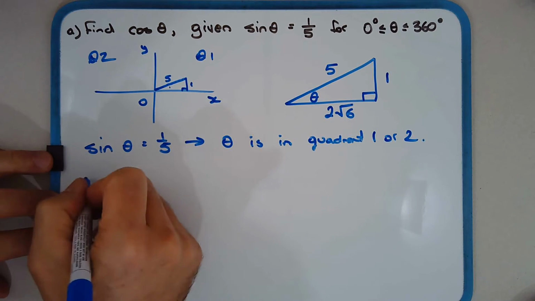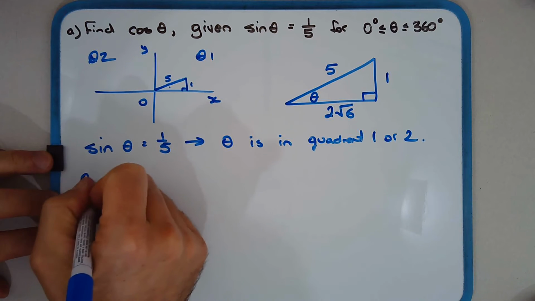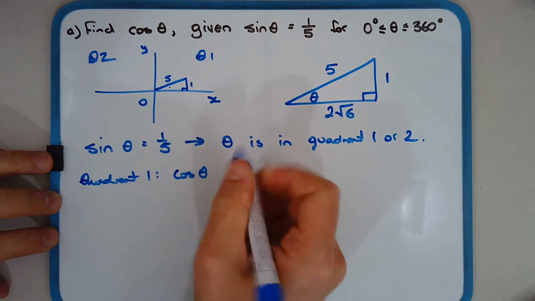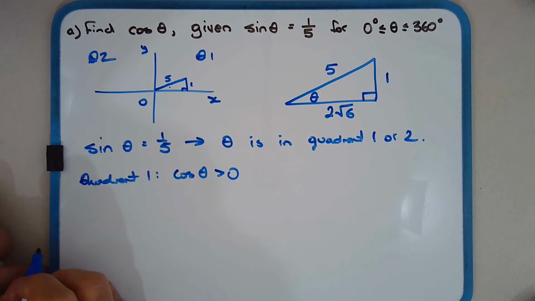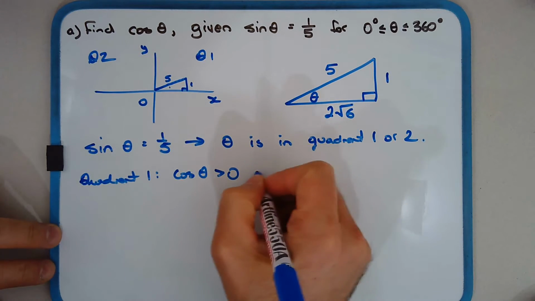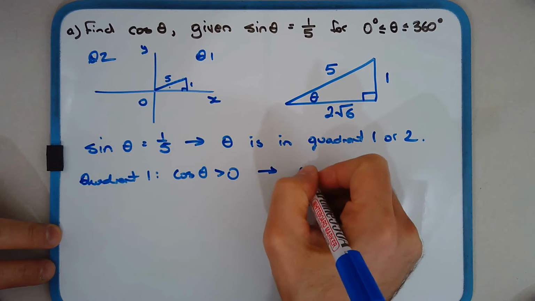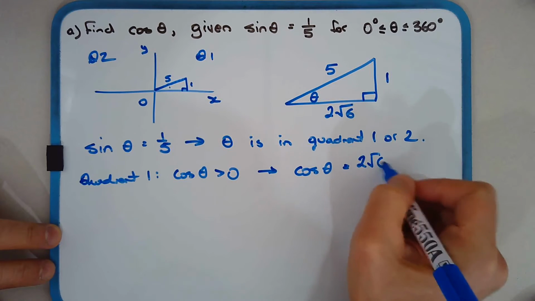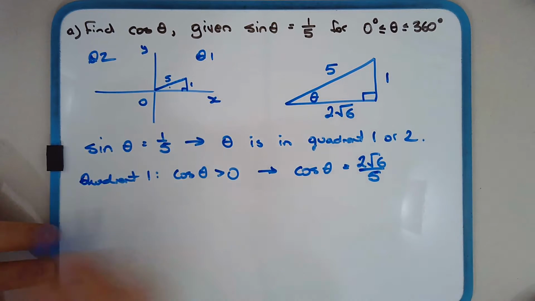So in quadrant 1, cos of theta is going to be positive, and that's going to be equal to 2 root 6 over 5.